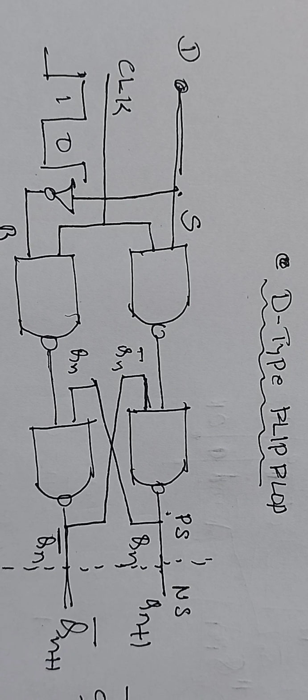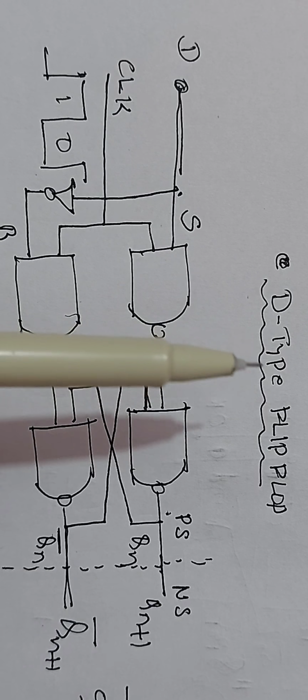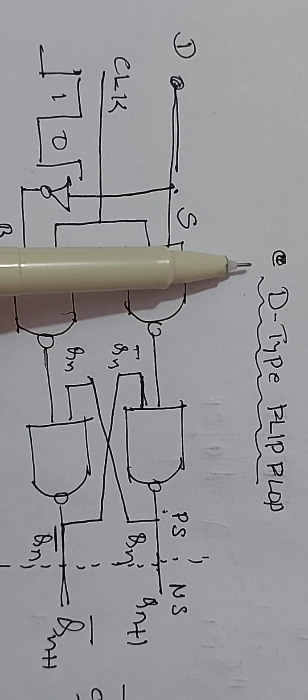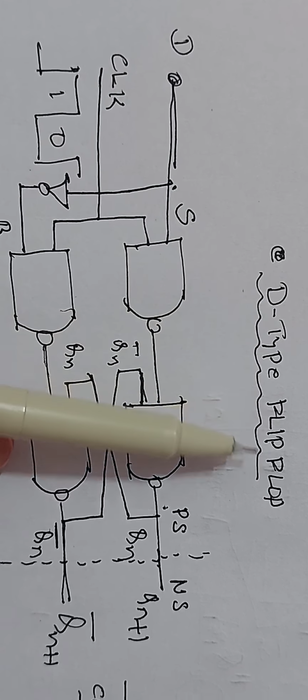Welcome dear students. Today we shall discuss about D-type flip-flop, that is data type flip-flop. A flip-flop is an electronic circuit used to store information in the form of a binary number. It can store either 0 or 1.